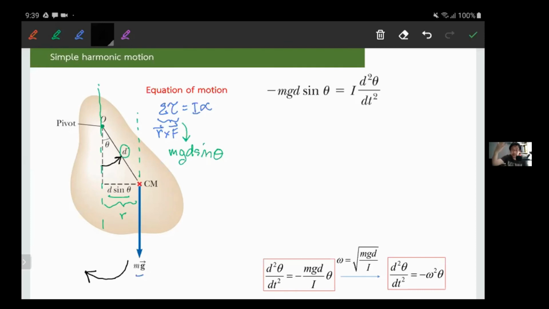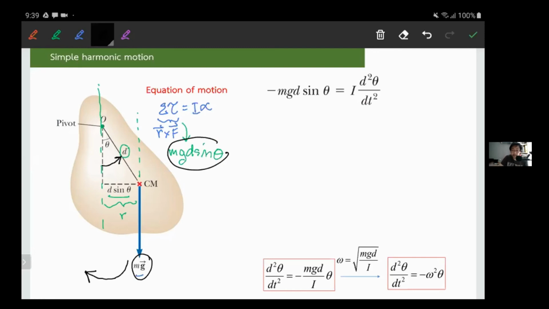The angle theta, when theta is 0, is when the mass is hanging down naturally. Then when you move the mass away from it, you create an angle theta. However, as you can see, the direction of theta is counterclockwise, but this mg generating the torque tries to pull this mass clockwise.